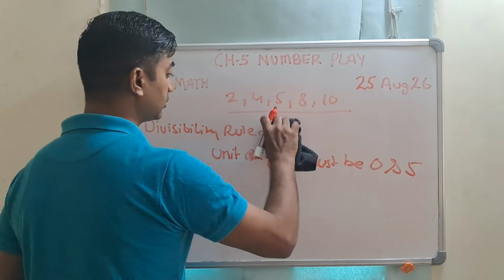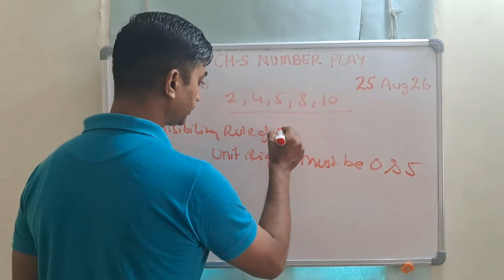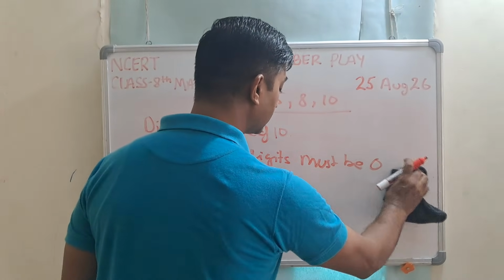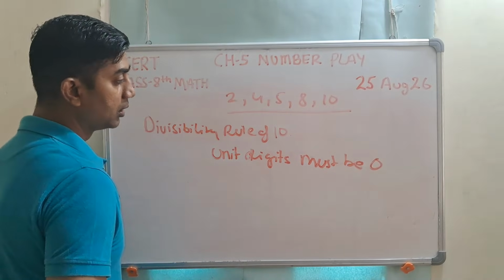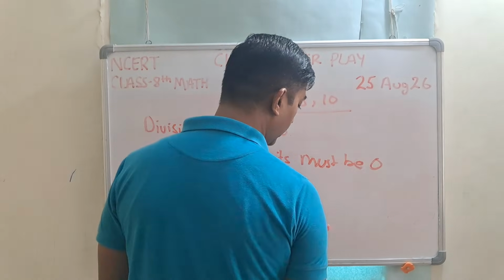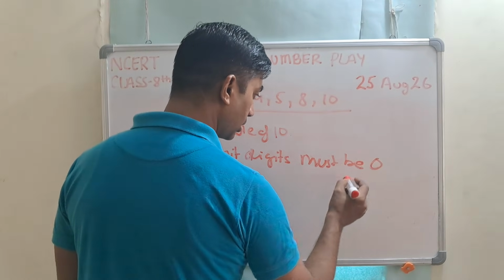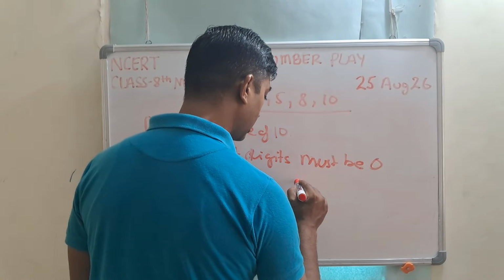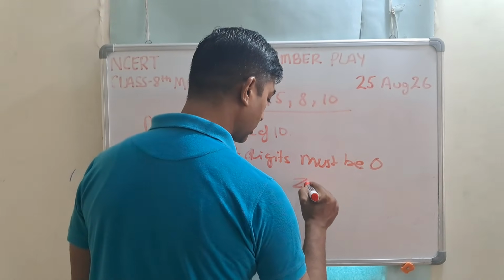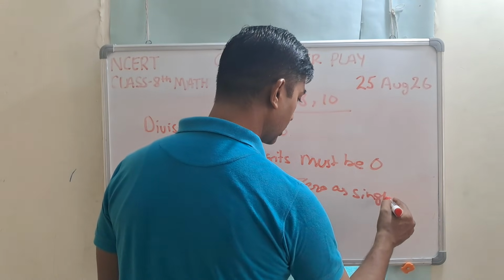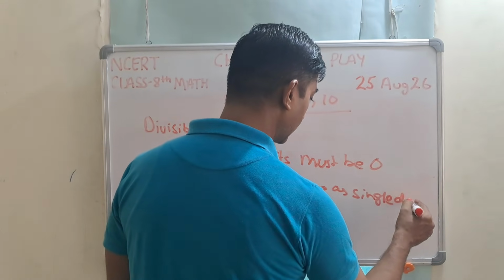Now for 10, that number should end with 0, except 0 as a single digit.